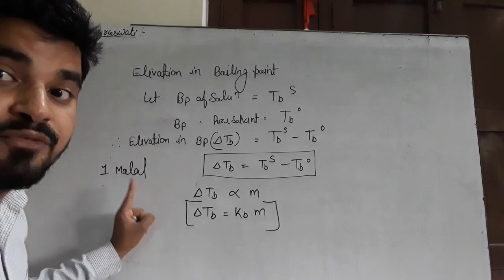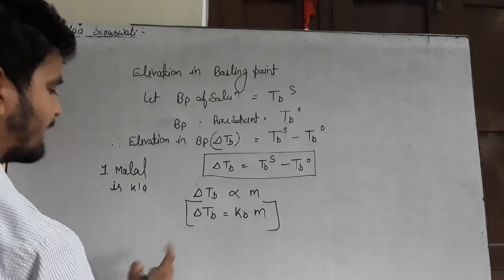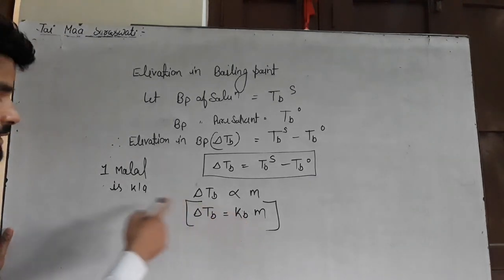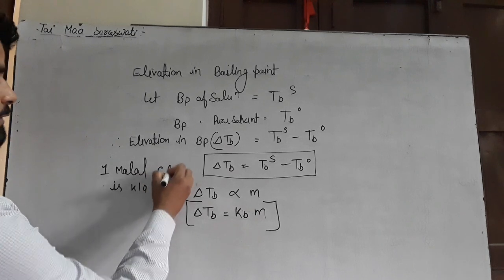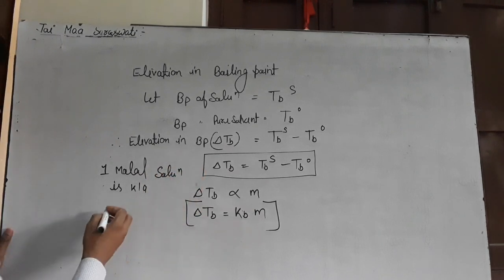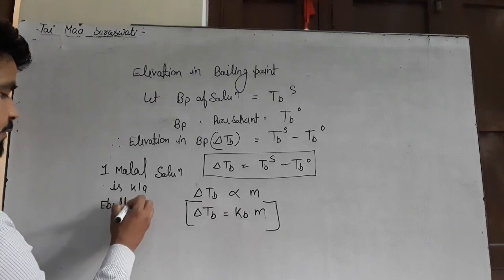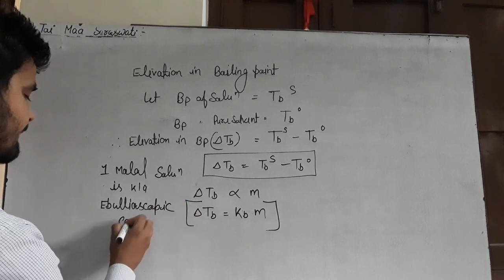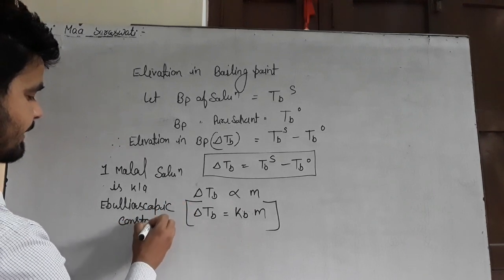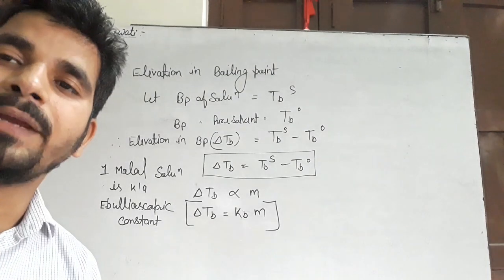Elevation in boiling point for a 1 molal solution is known as Kb, which is also known as the ebullioscopic constant.